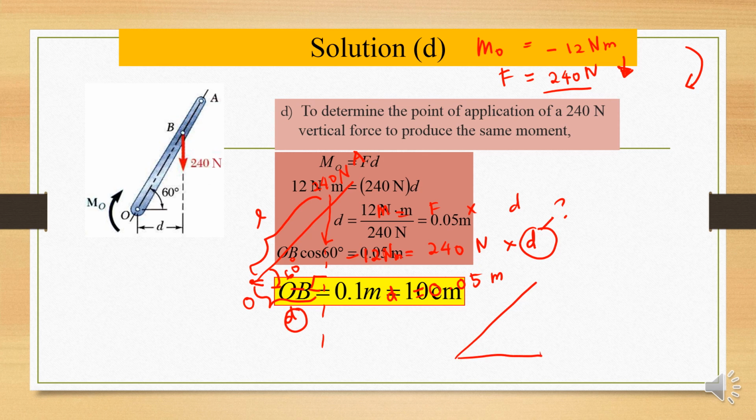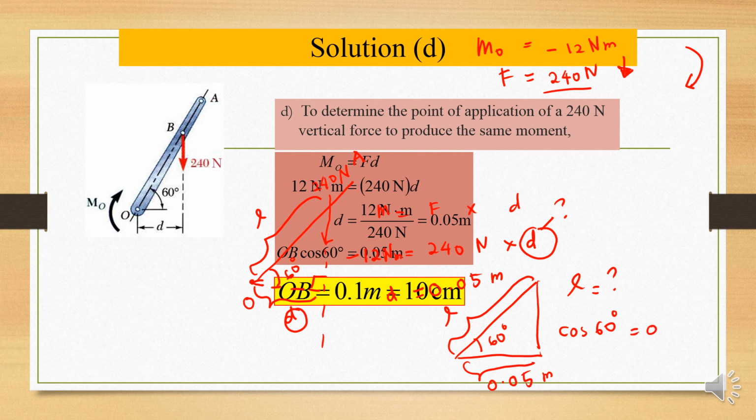We have this D value, which is 0.05 meter, and we have the angle here, and this is the distance that we are looking for, L. By utilizing this angle, we know that cos 60 equals 0.05, which is the adjacent, divided by L. So L should be 0.05 divided by cos 60.